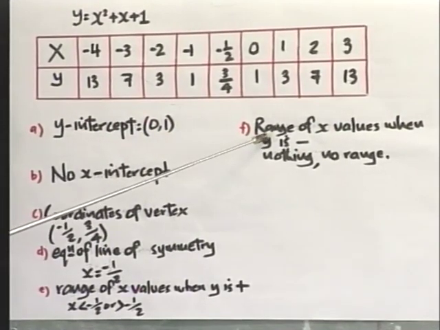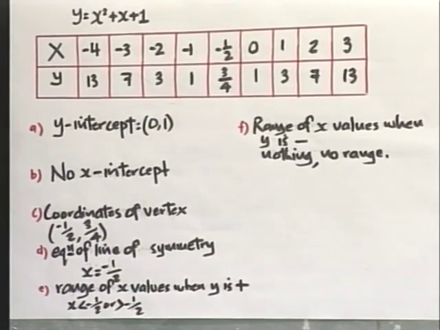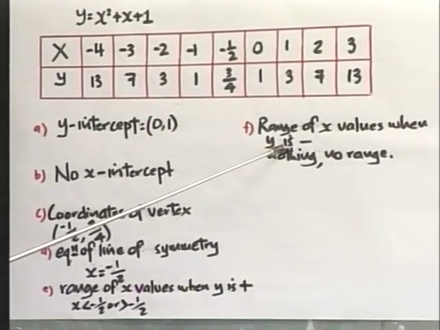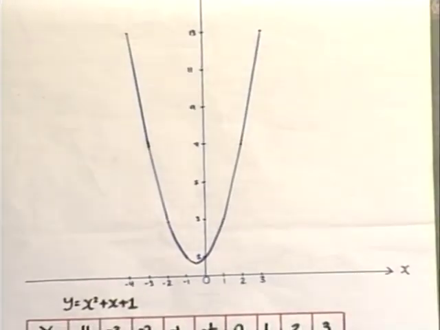For F, the range of x values when y is negative, we cannot take that range of x values because the parabola did not pass through the x-axis. Thank you.